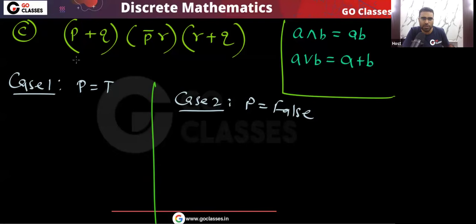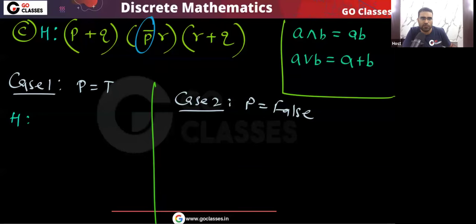So tell me, when P is true, what will be this expression? Let me call this entire expression H. When P is true, this part becomes true, but this part becomes false. Remember, if you put P true, then P bar will become false, and this entire thing will become false.